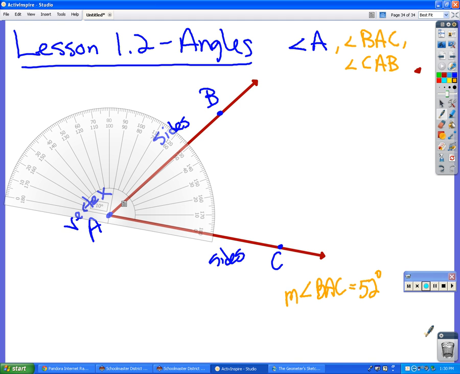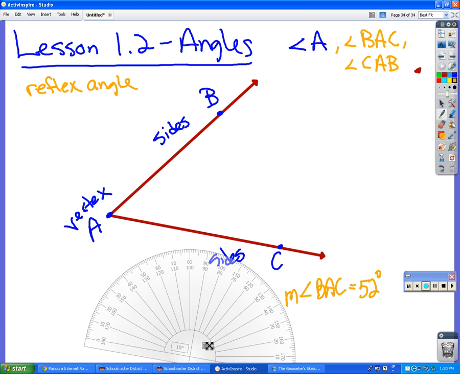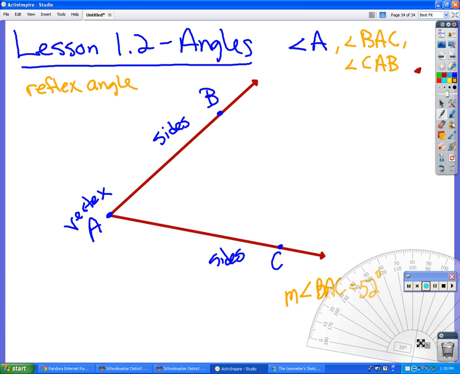Okay, I believe there's two more things we needed to learn about angles. One is something called the reflex angle. That's kind of a weird idea. We got the measure of this angle by starting at this side and going to there, and that measured 52 degrees.